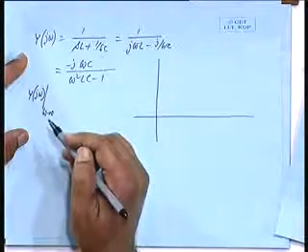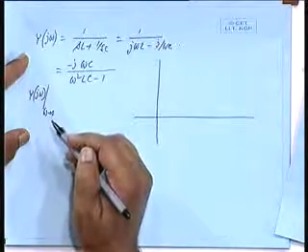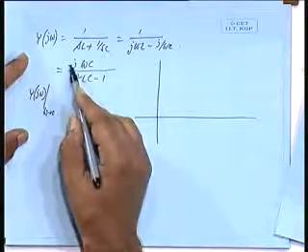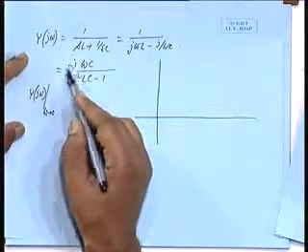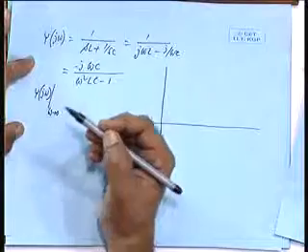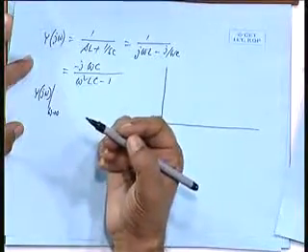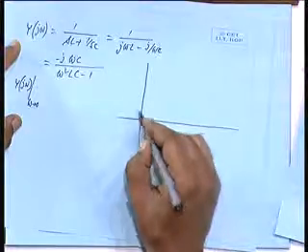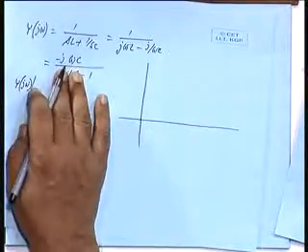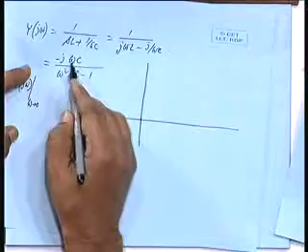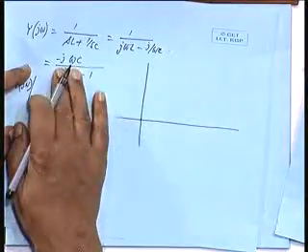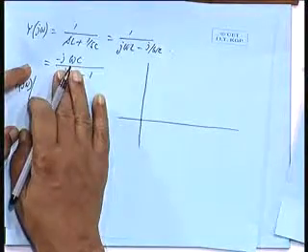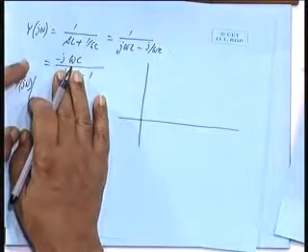And will it be plus or minus? Plus j, a small quantity, plus j epsilon. So it will start from here, and as omega gradually increases, it will have a slope very close to omega C.